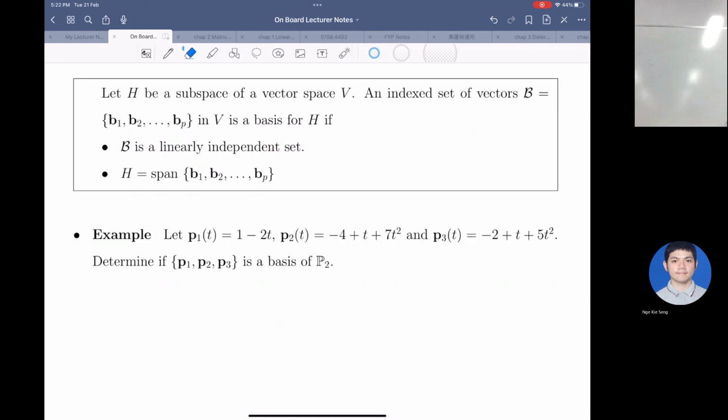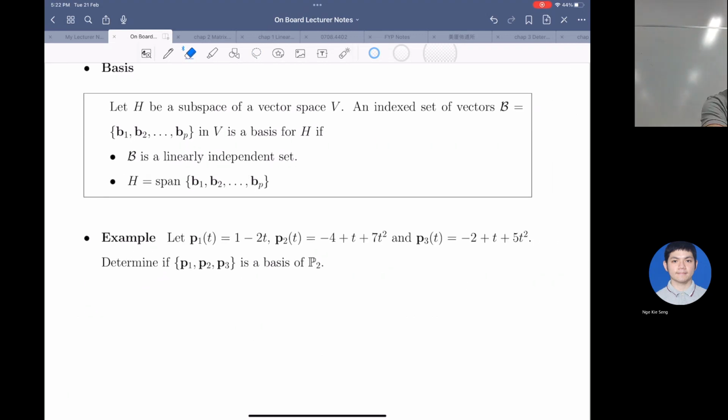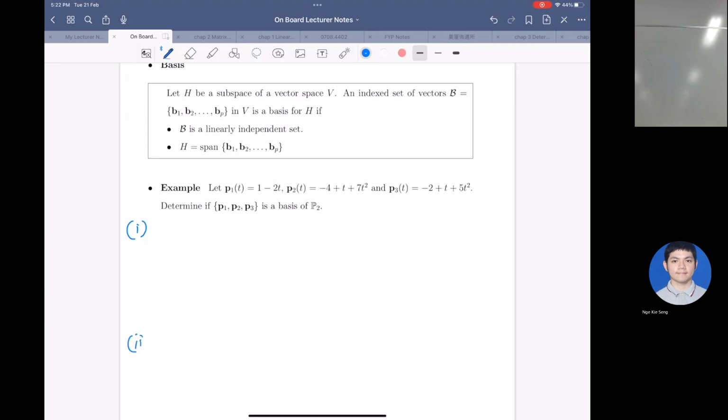Let's do this example, because we already changed our space to polynomials instead of Rn. If we want to show that these 3 are a basis, what 2 conditions do we need to show? Linearly independent and span P2.